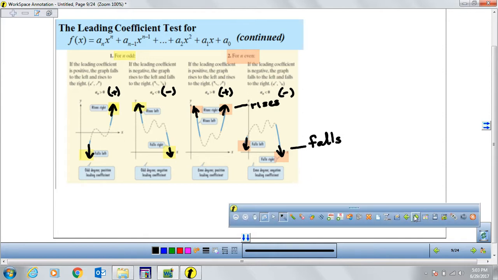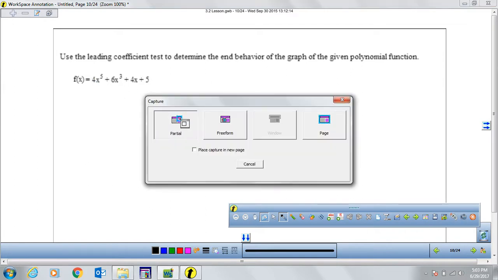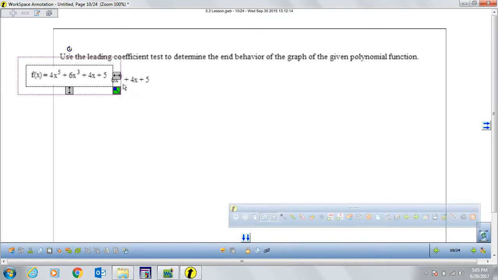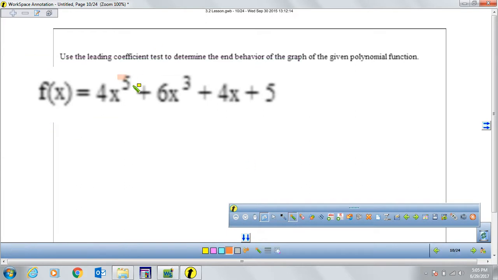So, let's take a look at this first example. Use the leading coefficient test to determine the end behavior of the graph of this function. We have 4x to the 5th power plus 6x to the 3rd power plus 4x plus 5. So, if we look at the degree, it is an odd degree.